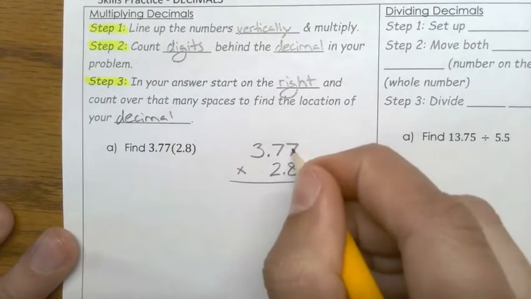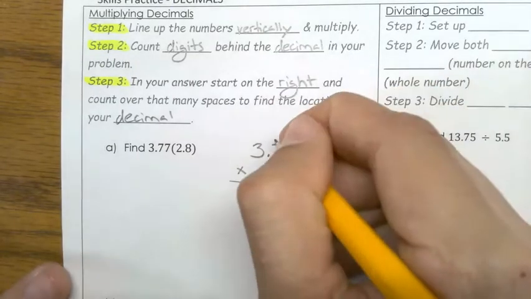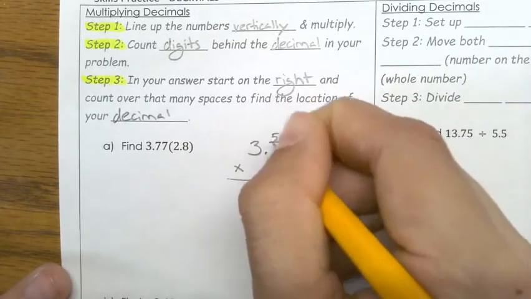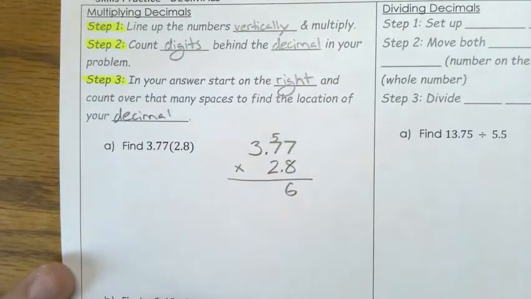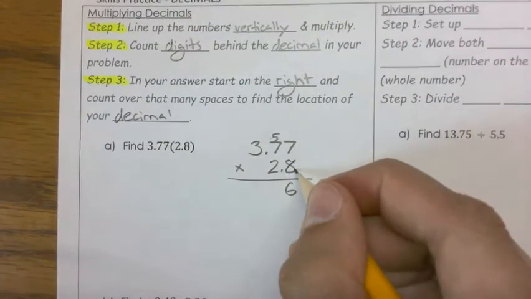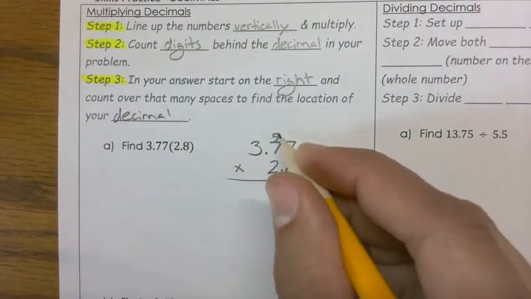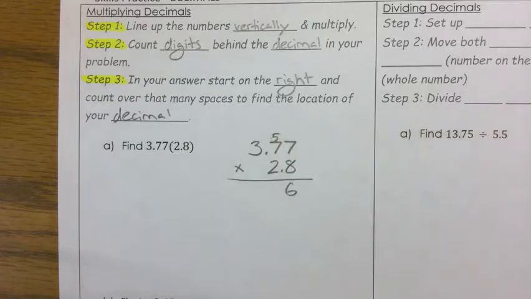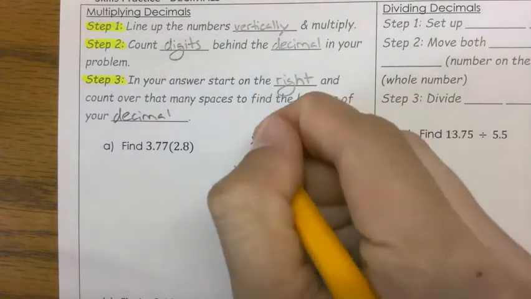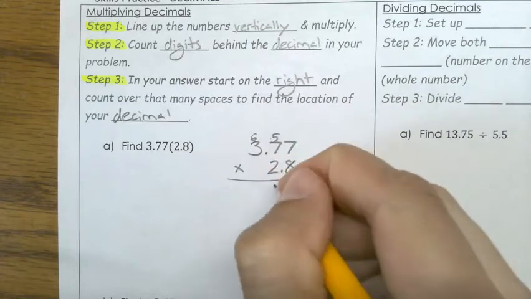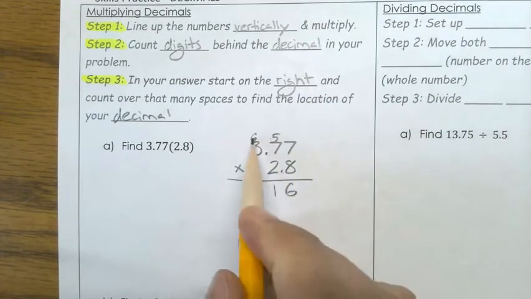So 8 multiplied by 7, that's going to give us 56. Carry that 5 over to the next one. 7 multiplied by 8, again, that's going to be 56, plus this 5 we had carried over. So that's going to be 61, carrying over that 6.